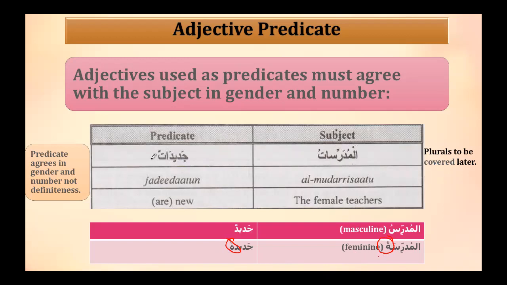The main purpose is just to show you that the predicate is now plural because the subject is plural. This is all that you are noticing right now. You don't have to worry about how to form these words because that's a future lesson about plurals. The main thing is that the predicate is matching the subject in terms of gender and number, okay?